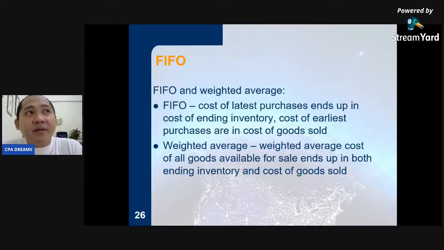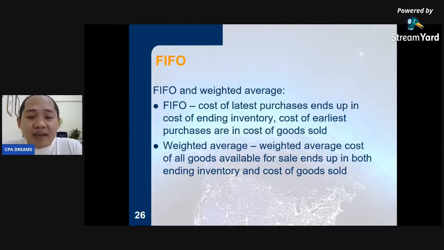Pagka ganon, bababa ang cost of goods sold mo. Dito is, tatandaan mo rin na yung FIFO periodic and FIFO perpetual, they are same inventory ending. So, pareho lang yan. Kasi minsan tinatanong, FIFO periodic, FIFO perpetual, same lang din ang makukuha mo dyang inventory cost.